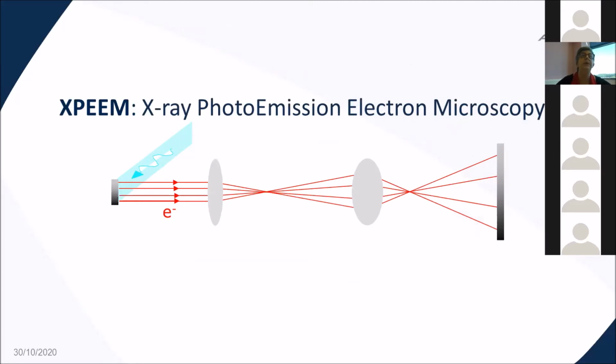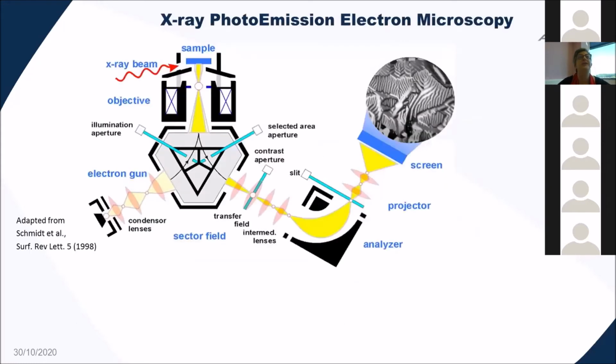I will start with the X-PEEM, which is actually a surface microscopy technique. It's very surface sensitive. This is the typical microscope that is at many synchrotrons, where, apart from illuminating the sample with an X-ray beam and then making an image with the electrons, one has many other intermediate and accessory elements, like an electron gun for topography imaging, several lenses to change modes from imaging to diffraction, for example, and an electron energy analyzer to do images with electrons filtered by energy, and so on.